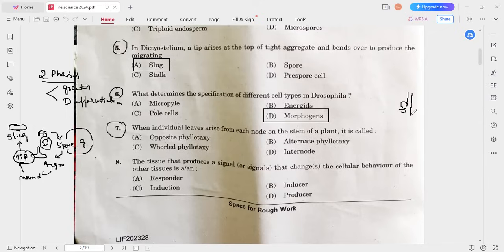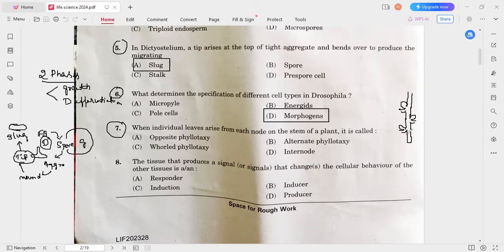Just read the question: when individual leaves arise from each node on the stem of a plant. This is the stem, and this is the node. In a particular node, an individual leaf should arise, not multiple leaves or some other leaf.